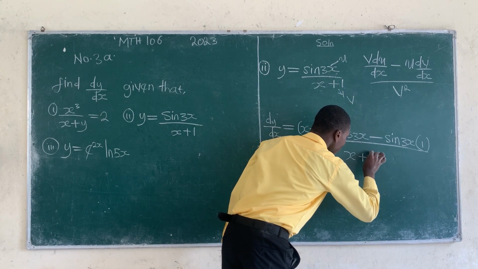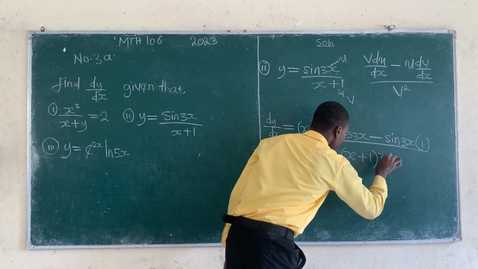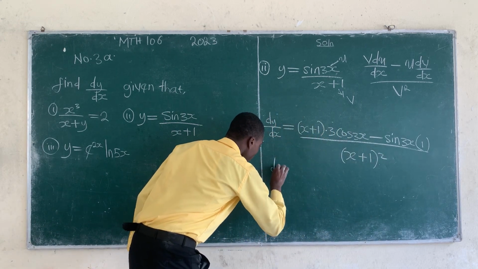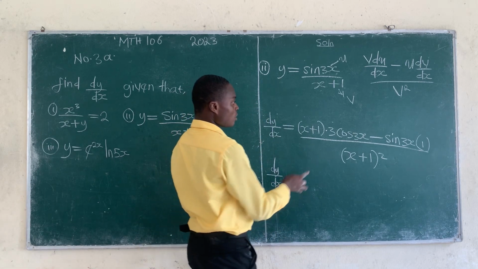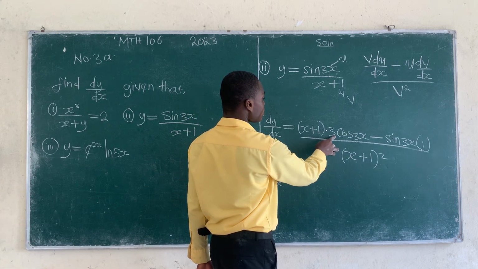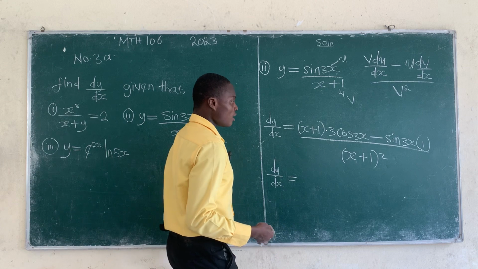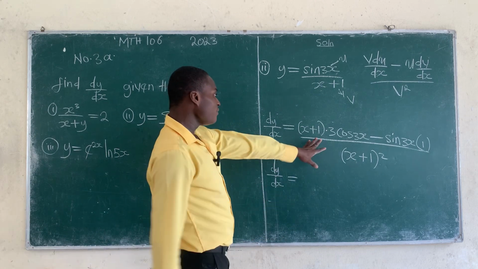And v is x plus 1 squared. So dy/dx is equal to, we can decide to multiply this out, or we can decide to leave it in this form.